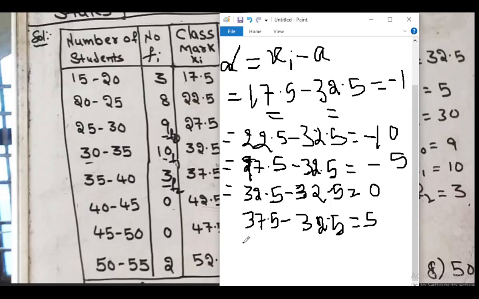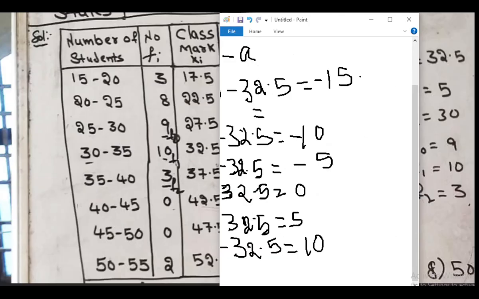Then 42.5 minus 32.5 is equal to 10, which is the deviation for 42.5. So these are the deviations.